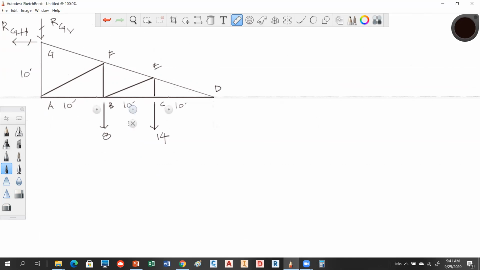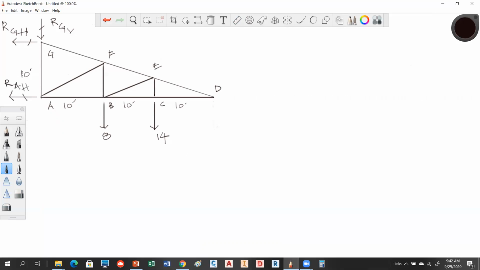So the reaction has to be perpendicular to that. That's correct. So the question is, do we make him left or do we make him right? And the reality is it doesn't matter, right? Right. Okay, so what do you want to call it? RAH. Which way? Oh, left. To the left? Okay, you want it like this, right? Yeah. Okay, so this is RAH.